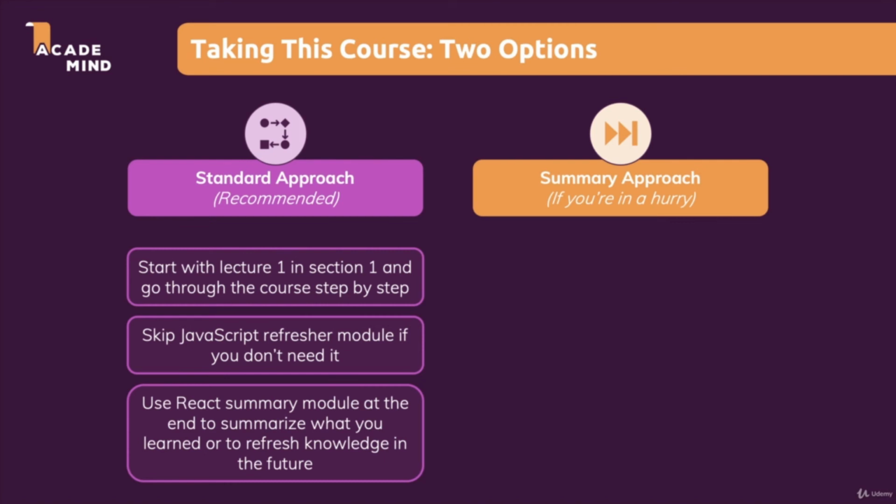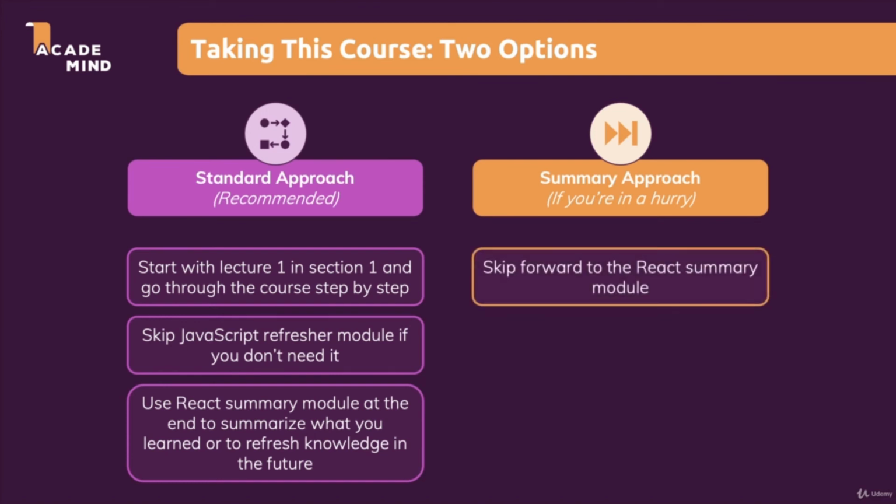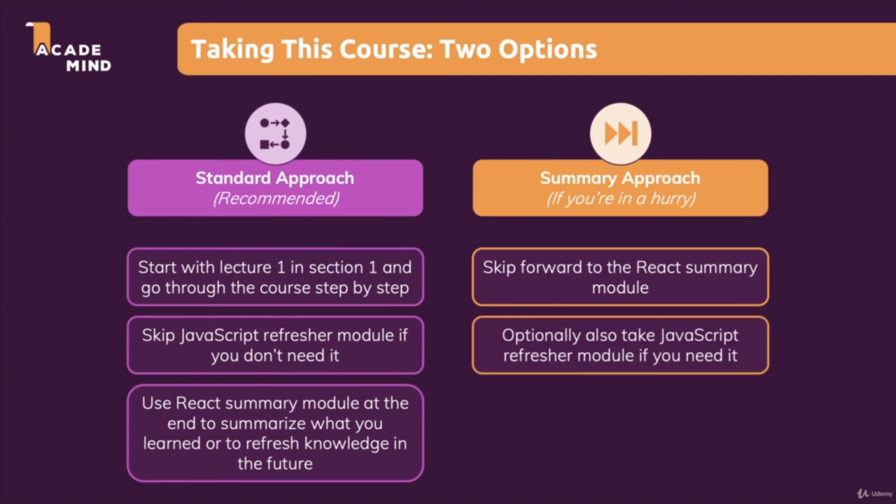With this approach, if you decide to take this approach, you simply skip the entire course basically, and you skip forward to that React summary module at the end. Maybe you also go through that JavaScript refresher module first, so that next course section, but that's also optional, of course.